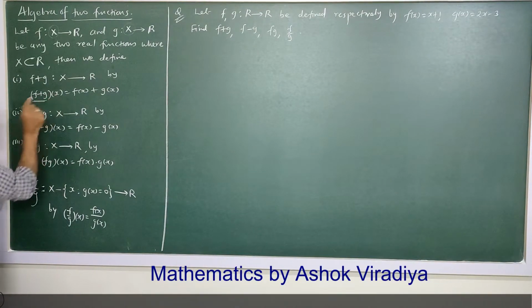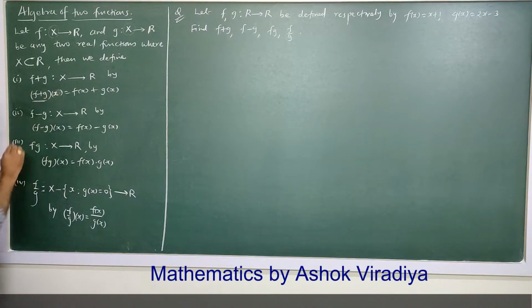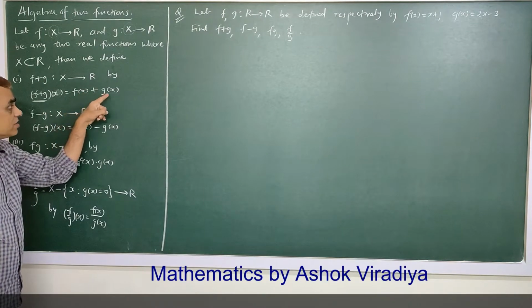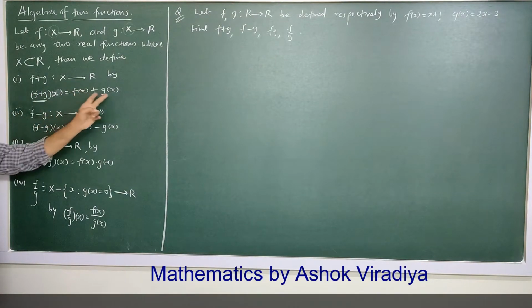This is not multiplication. f plus g is a machine. In this machine I am putting x, which means the image of x under f plus g is f of x plus g of x. So the image of x under the sum is the sum of their individual images.